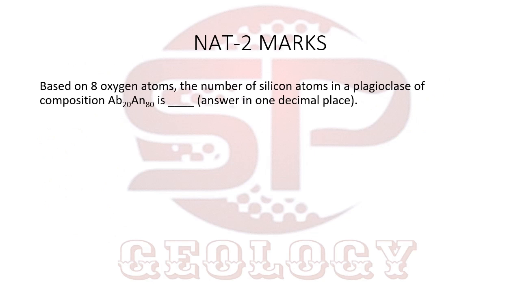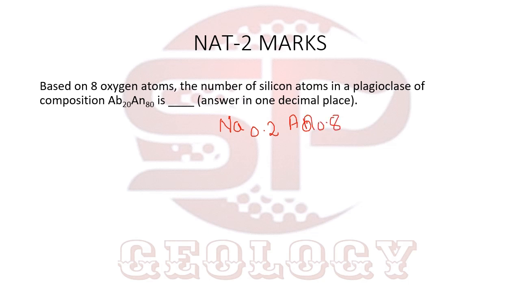Then comes a 2 marks question. Based on 8 oxygen atoms, the number of silicon atoms in plagioclase composition albite 20, anorthite 80. Albite 20, anorthite 80 means you can write the formula like this: albite, which is sodium, will contain 0.2, anorthite is 0.8.